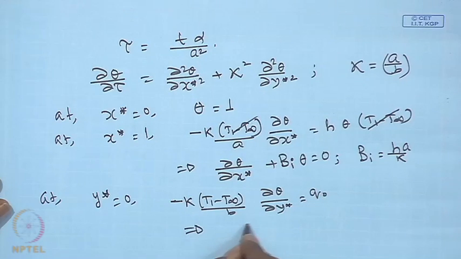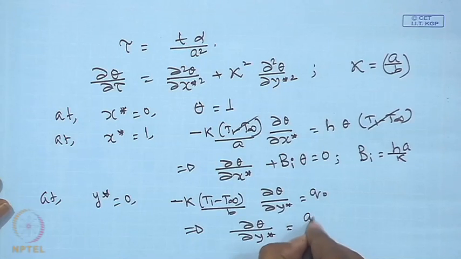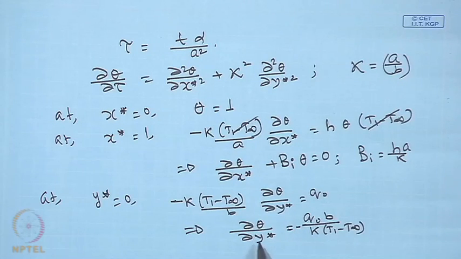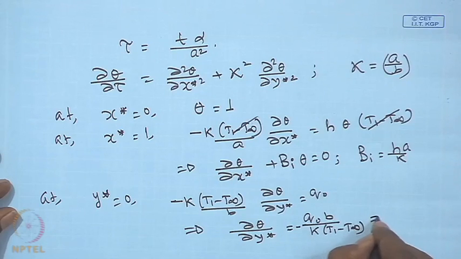So, if we take it to the other side, del theta del y star becomes q naught b divided by k times T 1 minus T infinity, with a negative sign. So, the left hand side is completely non-dimensional, so the right hand side has to be a non-dimensional quantity. Let us put this as q 0 prime, which is a non-dimensional quantity.